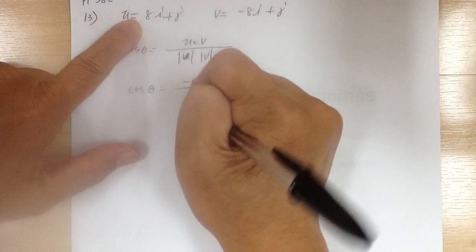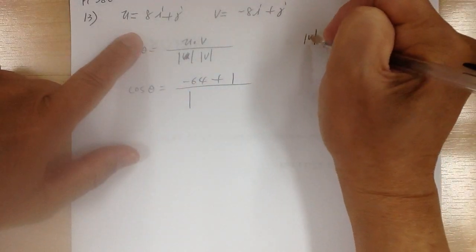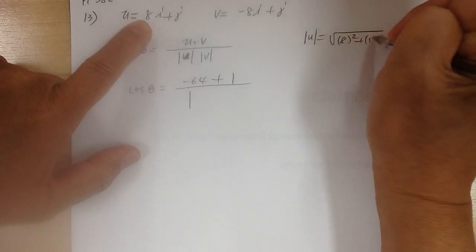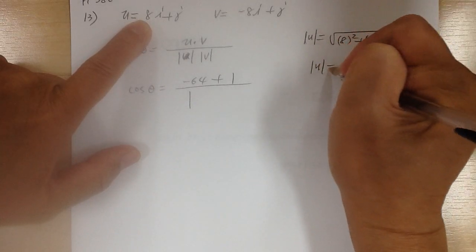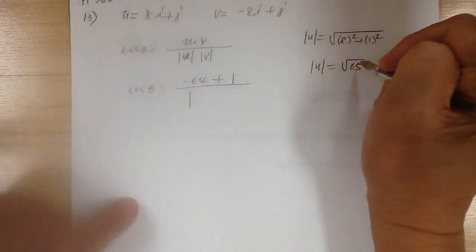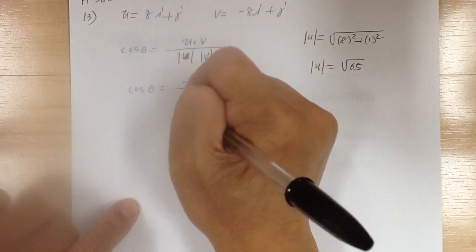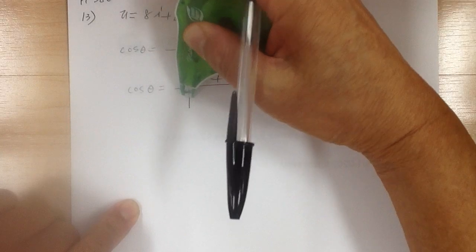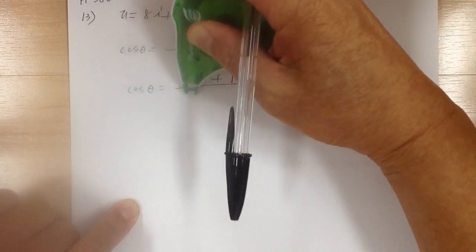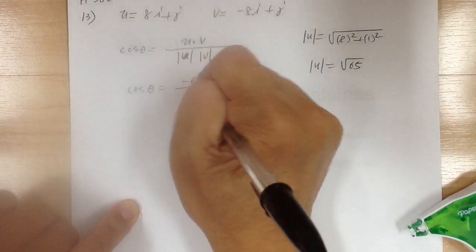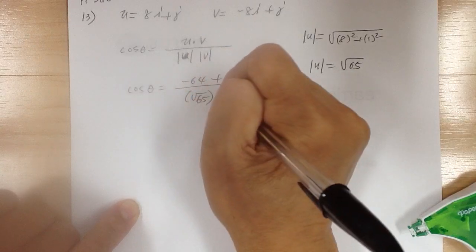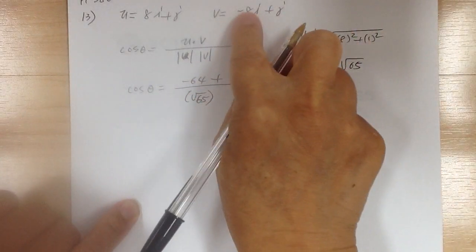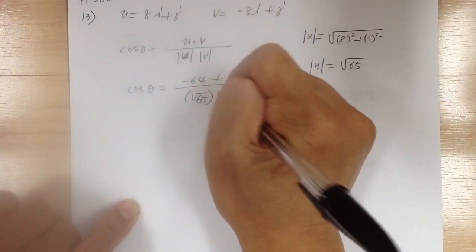And the length of u would be the square root of 8 squared plus 1 squared, so the square root of 65. And for v, same thing, negative squared is going to be the same, so 65.